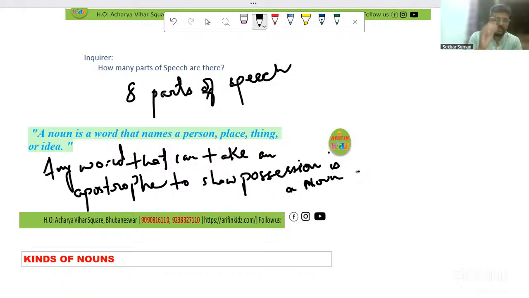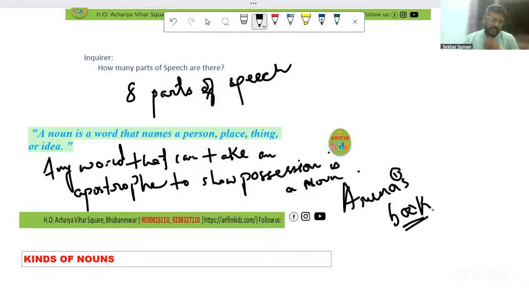So when I write Aruna's book, as you see over here, there is an apostrophe used, and it is showing a possession on this book, right?